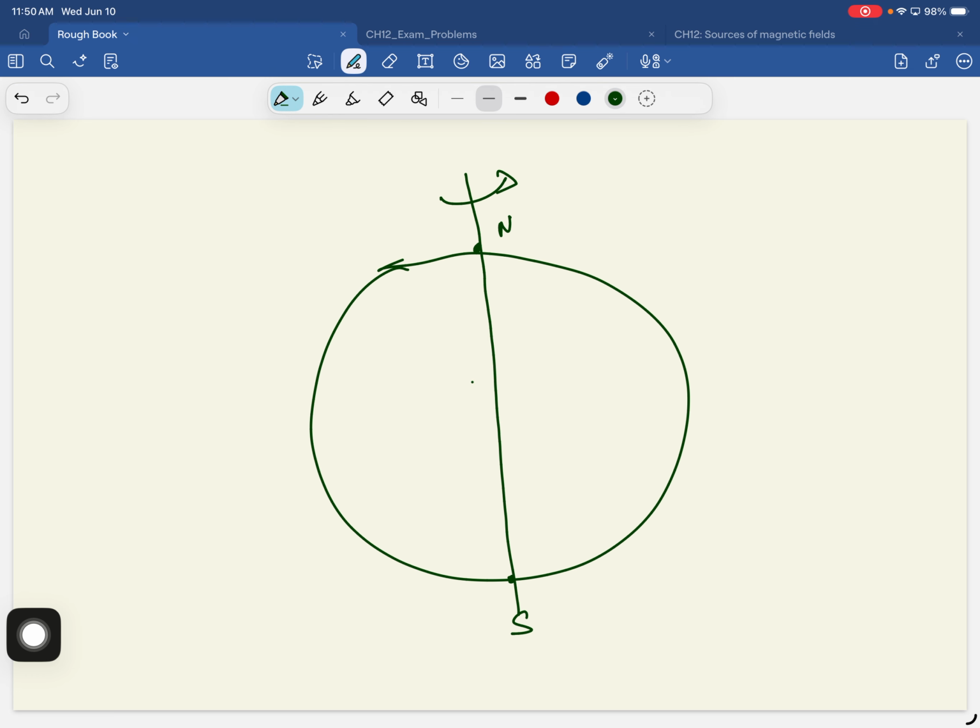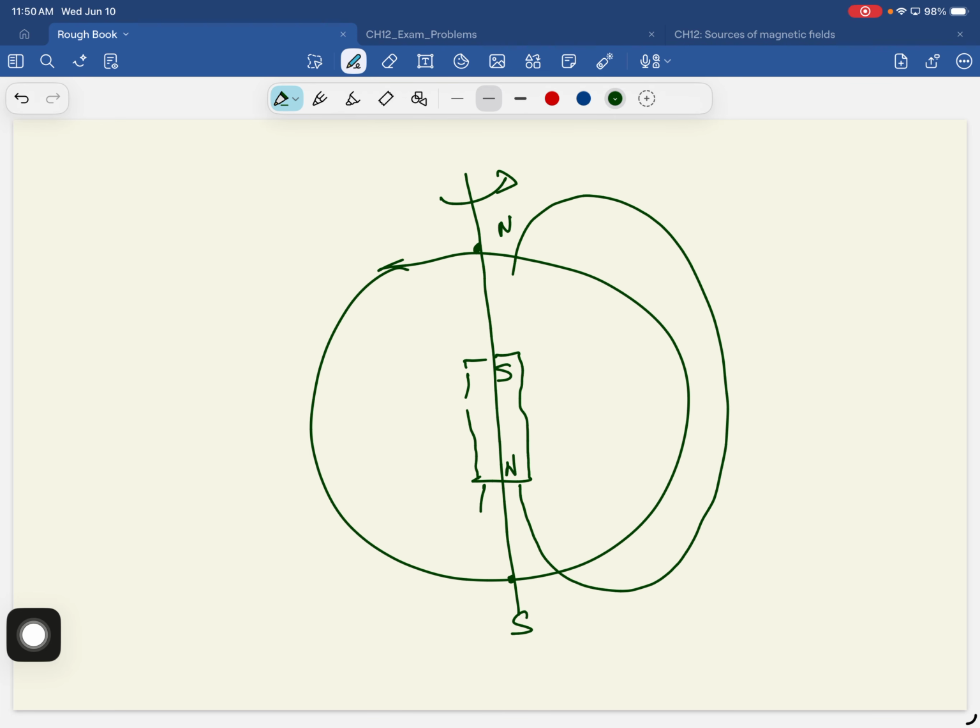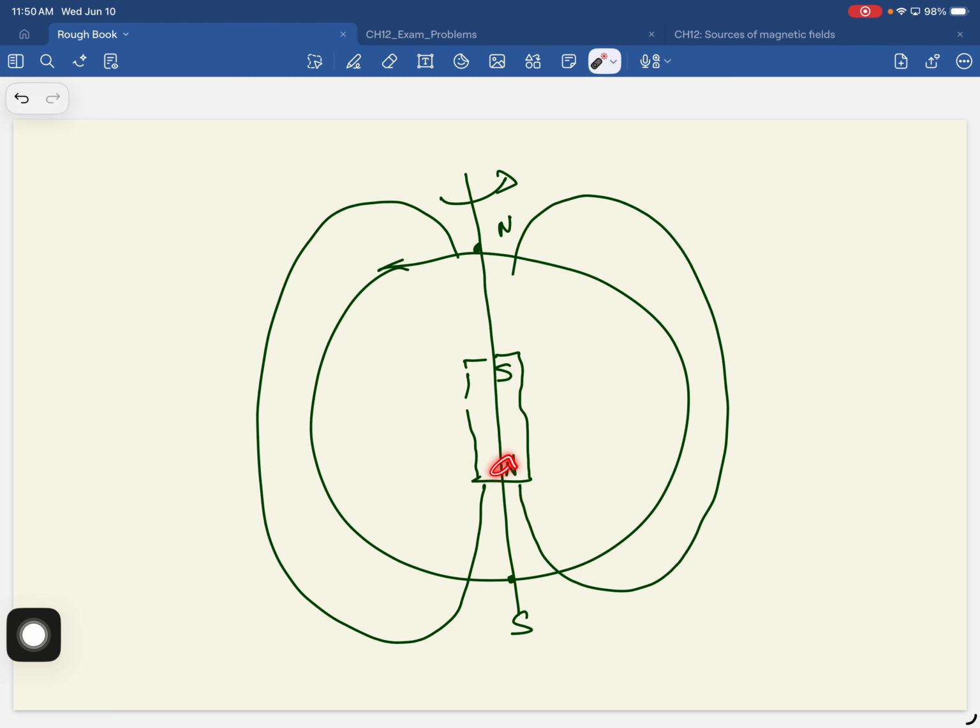And we have a magnetic field, and the field is like this. As if a north pole is under the south pole, and the south pole of the magnet is under the north pole. So when you take a little compass, it aligns there, and it points north.